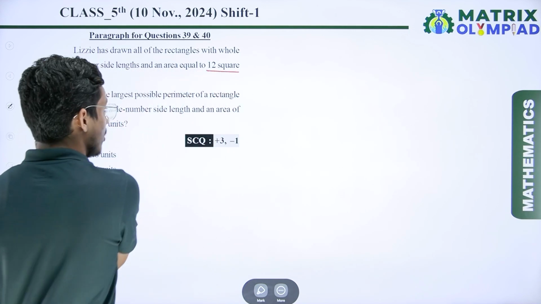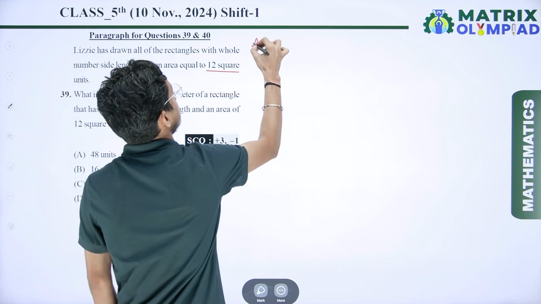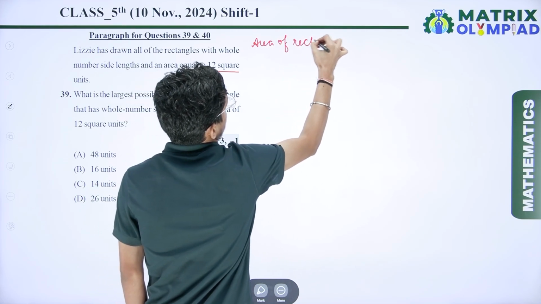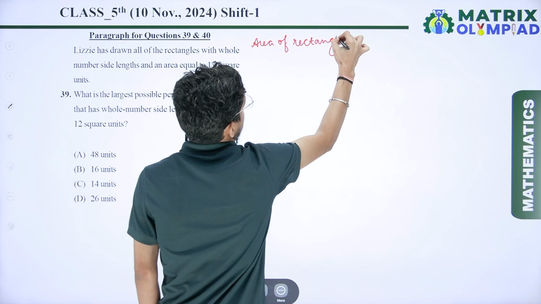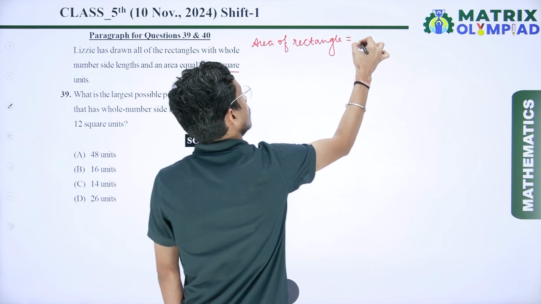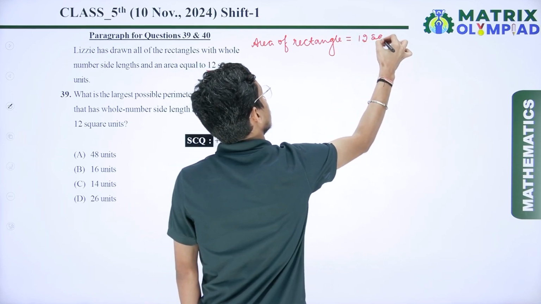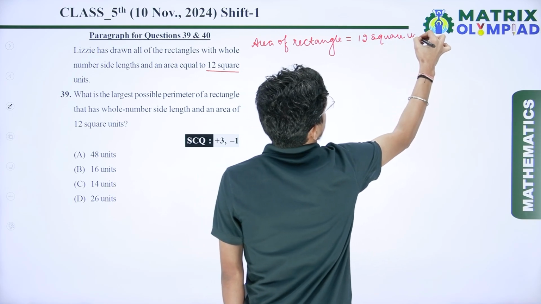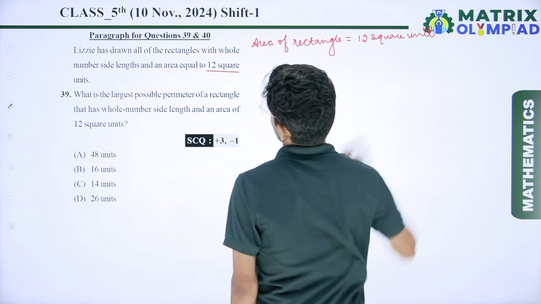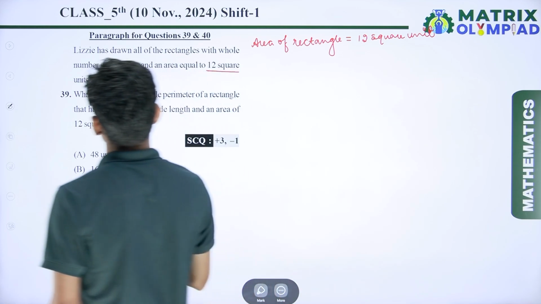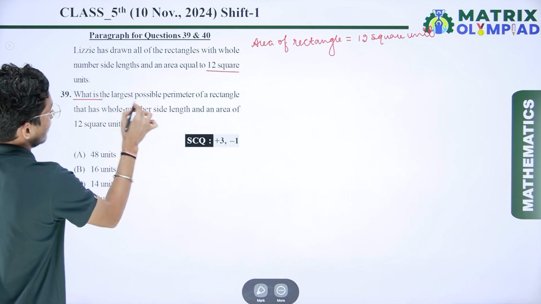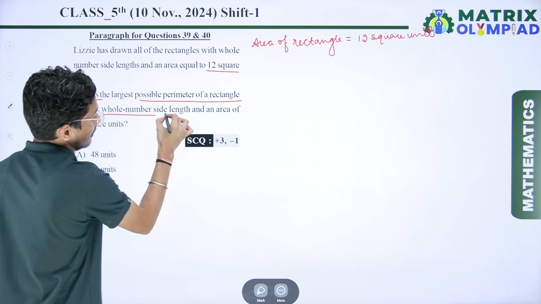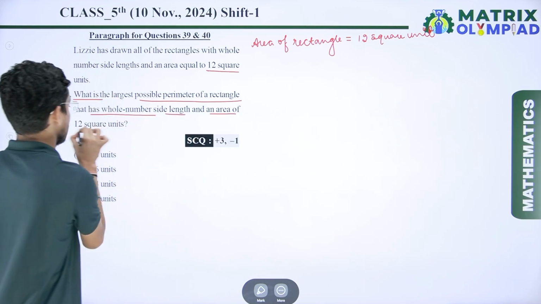It means we have given the area of the rectangle, that is 12 square unit. Now the question is, what is the largest possible perimeter of a rectangle that has whole number side length and area of 12 square unit.